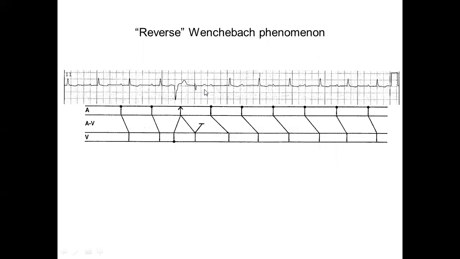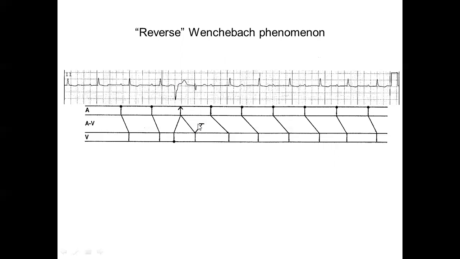Here, the PR, instead of staying stable or getting progressively longer, gets progressively shorter, shorter, shorter, then becomes normal. What are we seeing? This PVC went to the atrium all the way, then turned around and went to the ventricle.